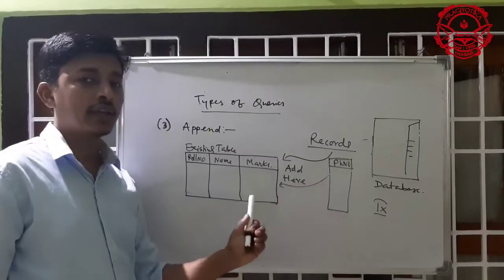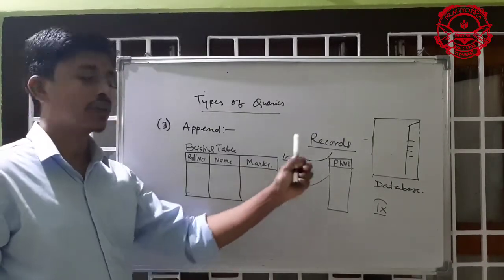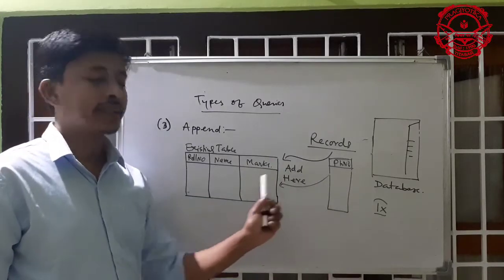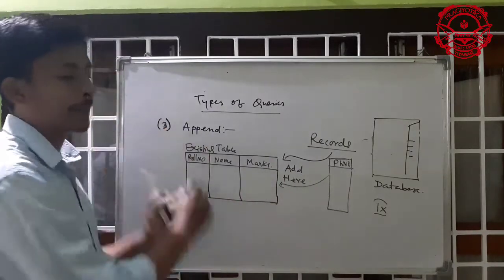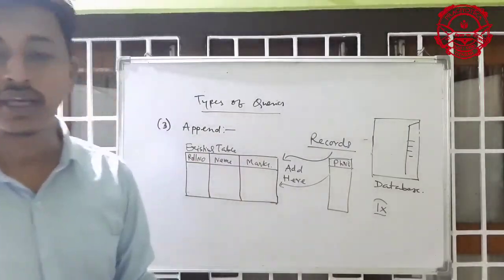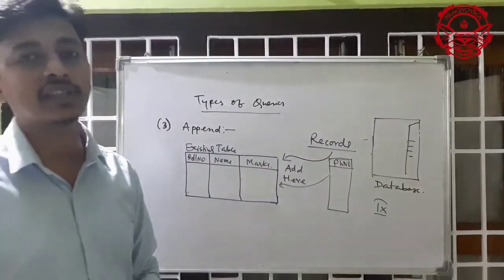In this way, you can easily add records to an existing table. It is called append, which means add the records to the existing table.